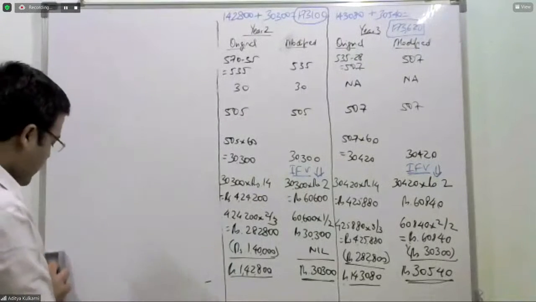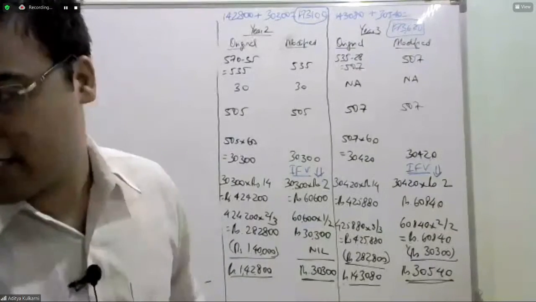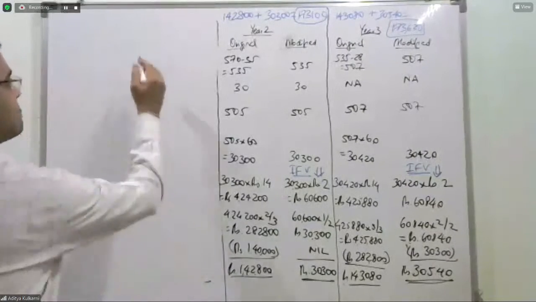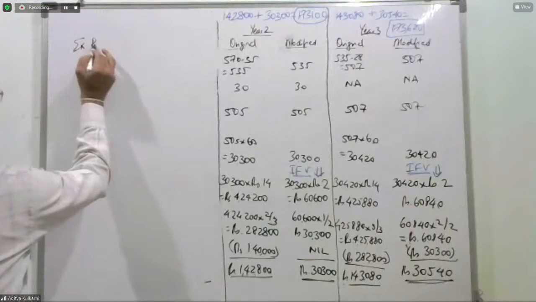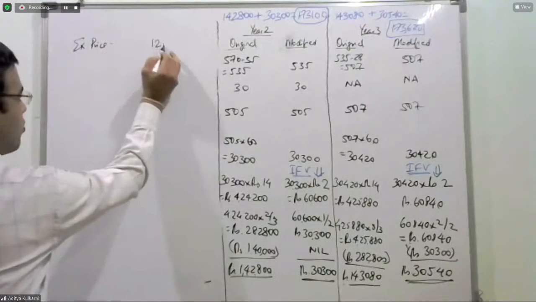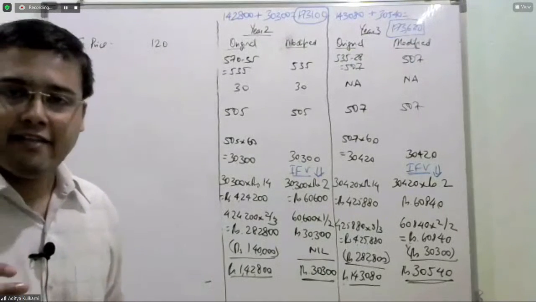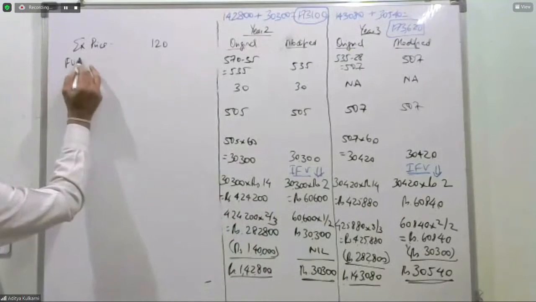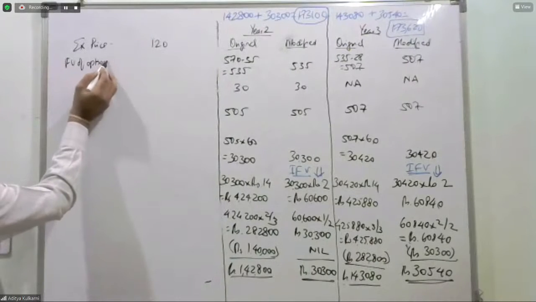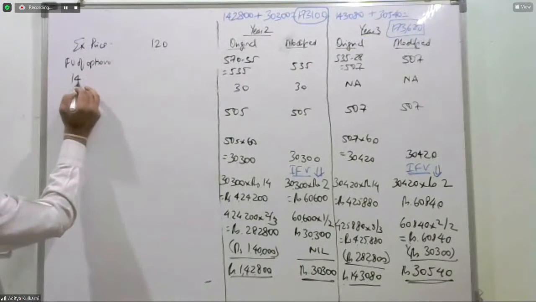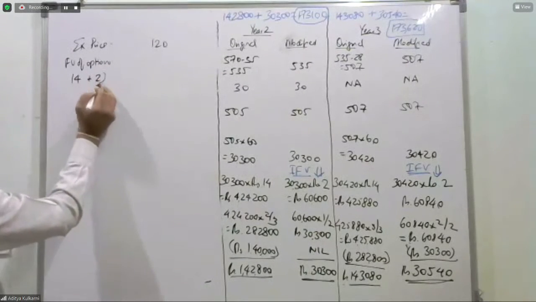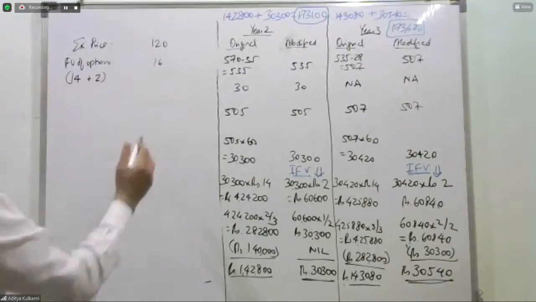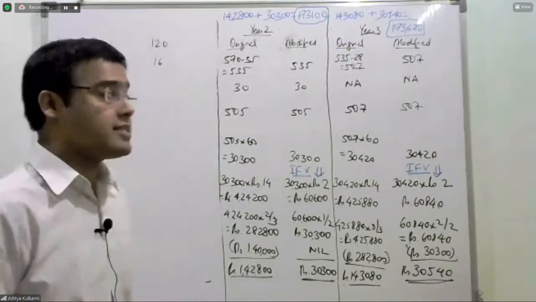Now when you are calculating the securities premium, the exercise price is 120. The fair value of the options granted will now be how much? It will be 14 rupees plus 2 rupees due to modification. That means it will be 16 rupees.